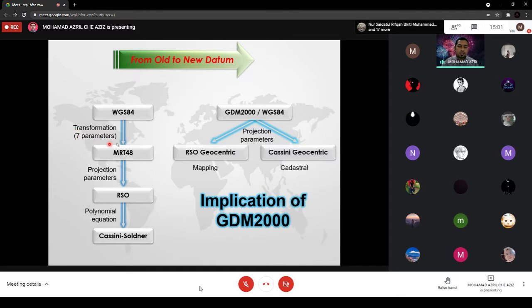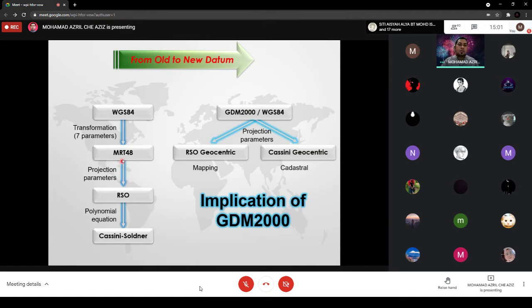They have 7 parameters that need to be used to change it. I don't want to touch on the parameters because that is not related to the cadastral.